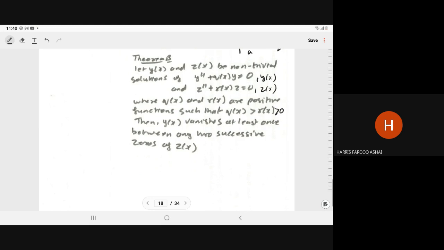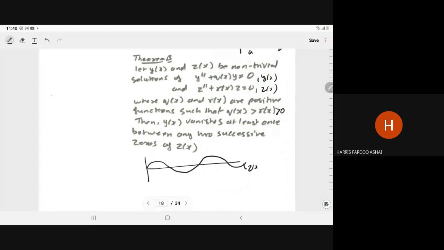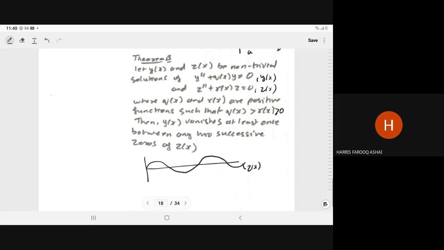What it is saying is, let's say this is the graph of z. z is the solution of the equation z'' plus r(x) z equals 0. And we have another differential equation y'' plus q(x) y equals 0, where q is greater than r.